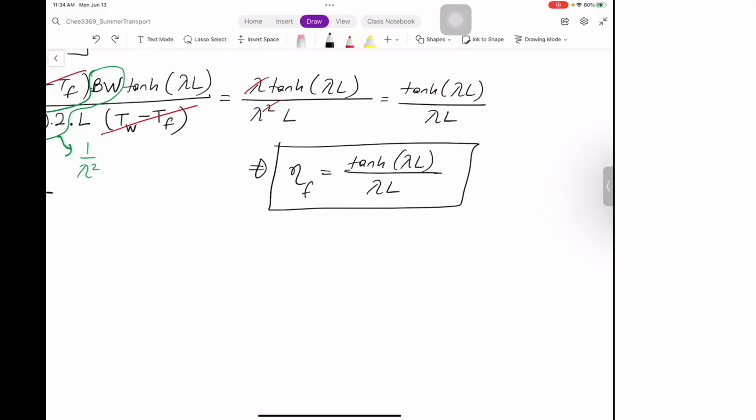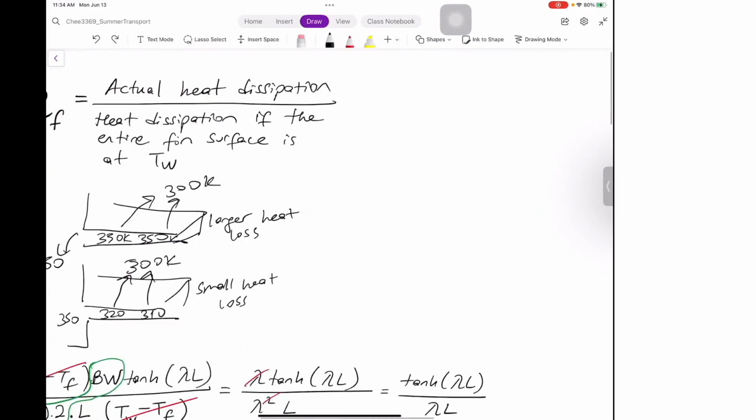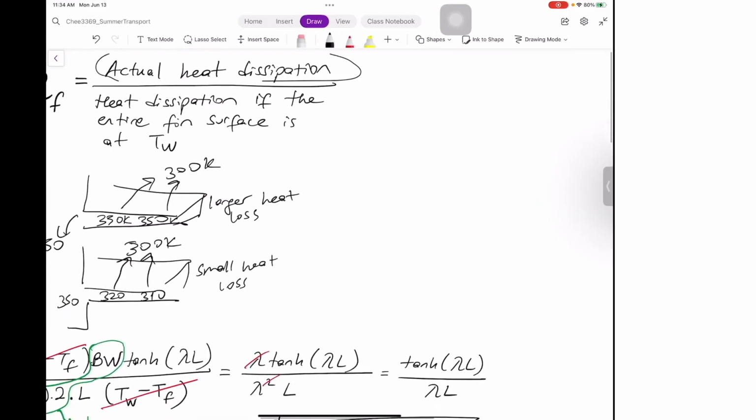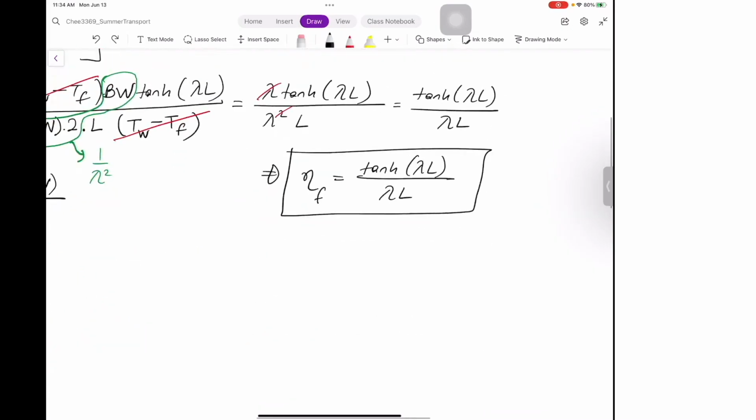If you plug in the lambda and L, you would get the fin efficiency. And if you have the fin efficiency, you can calculate the actual heat dissipation from the perfect case. You can just assume that the entire fin is at a constant temperature. So it's very easy to calculate the heat dissipation if the fin were at a constant temperature, which was TW.